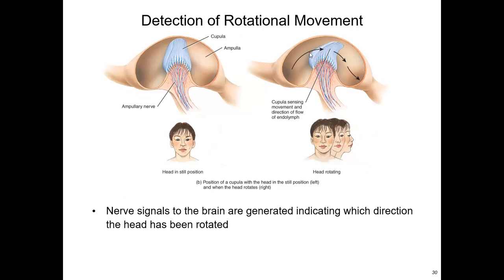And when the cupula is pushed over by the movement of fluids, we have the hairs bent here, and the bent hairs, again, will release neurotransmitters. The hair cells work the same way in the crista, in the macula, and in the organ of Corti. It just takes a different mechanical force to bend those hair cells.